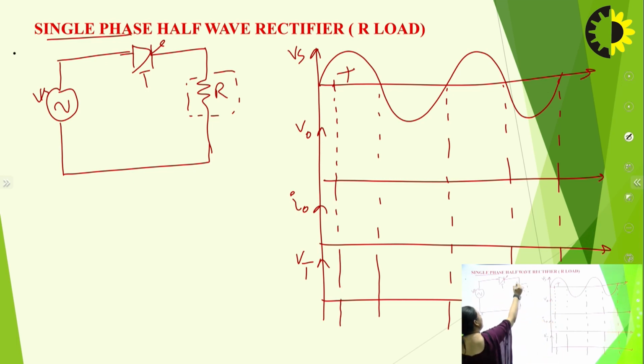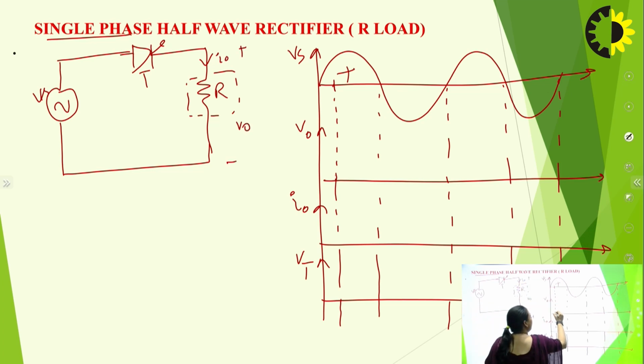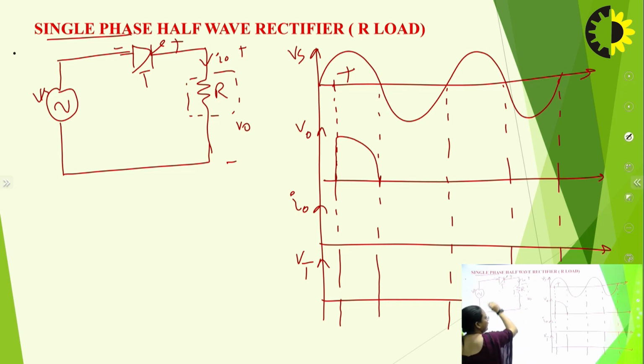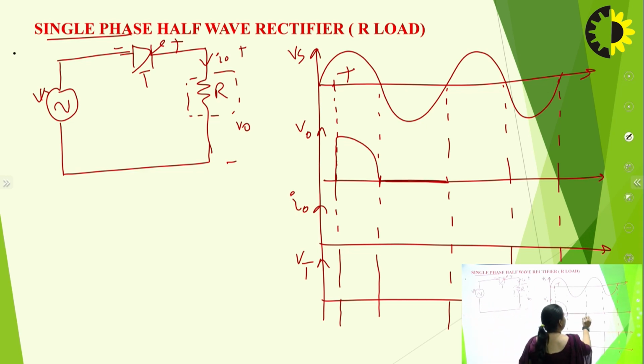So the load voltage at once will become equal to the supply voltage, and we will have the supply voltage till pi, right. At pi the cycle is reversed, minus plus, so the thyristor will get reverse biased, and there will be no output voltage at the load terminal, as it behaves like an open switch.